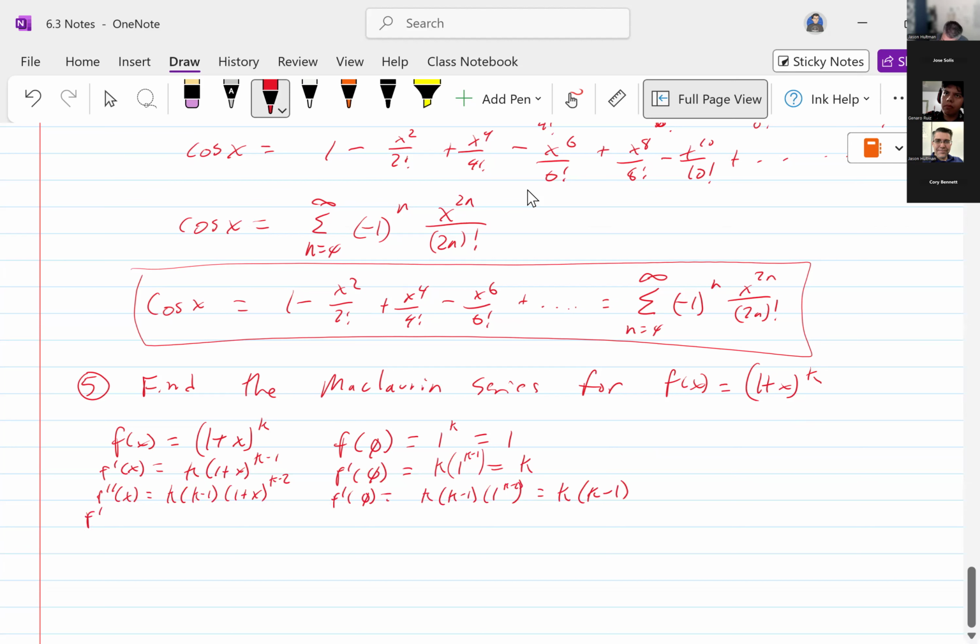The third derivative is k times k minus 1 times k minus 2 times (1 plus x) to the k minus 3. At 0 it is k times k minus 1 times k minus 2.